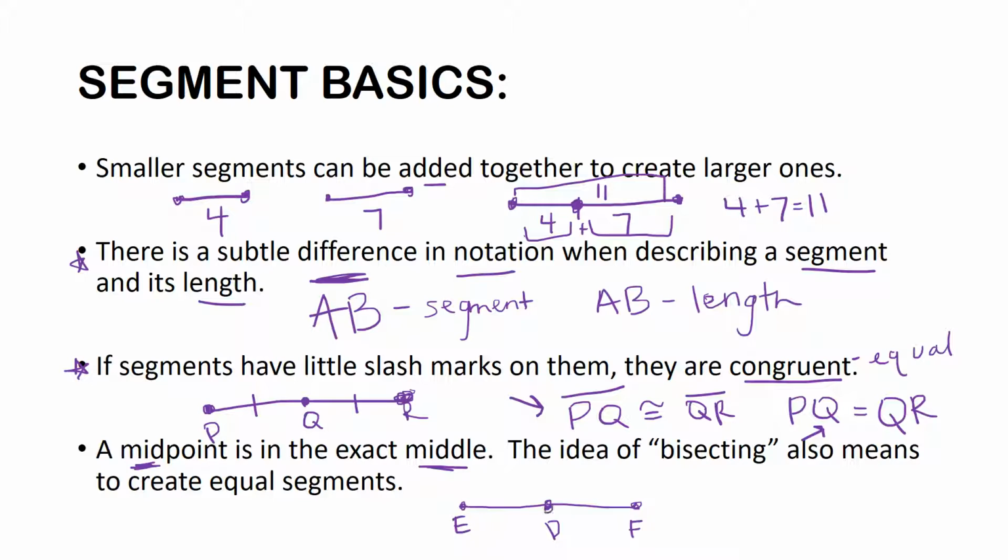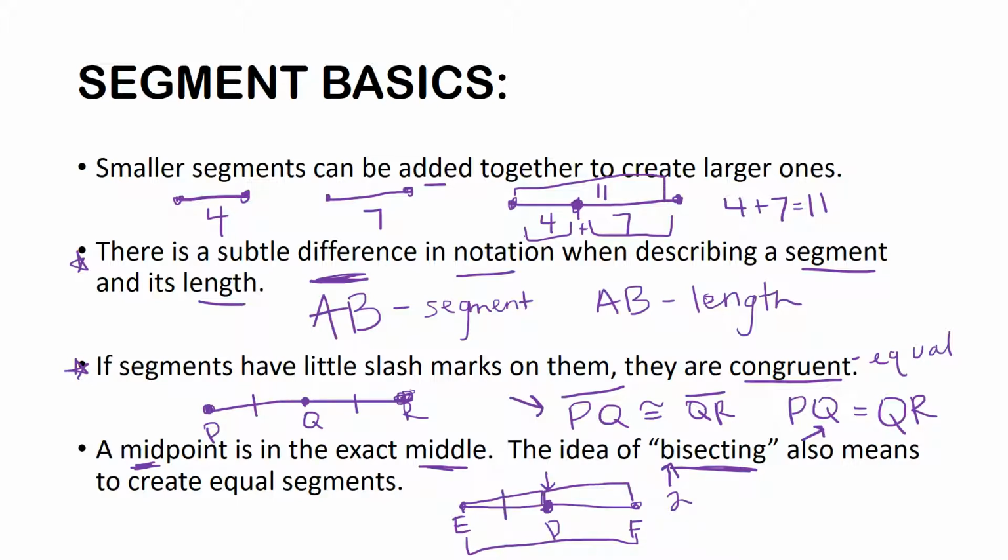So if this D right here is right in the middle, understanding that that just means that D bisects the segment EF. What does it mean to bisect? Bi means 2. If you think of intersect, split in half. Okay, so this D is going to split EF into 2 segments. But since it's right in the middle, that means the distance from E to D is the same as the distance from D to F.